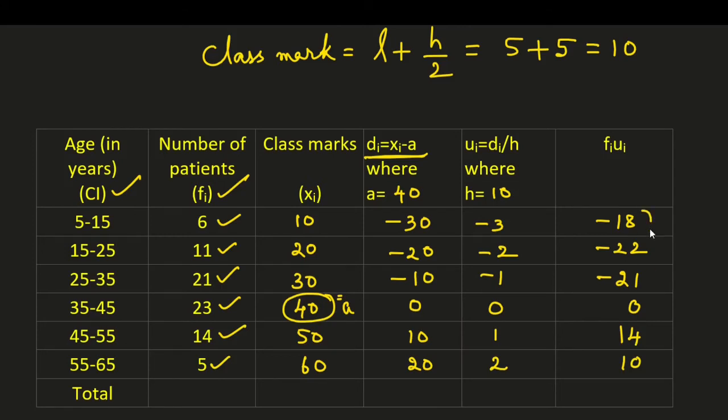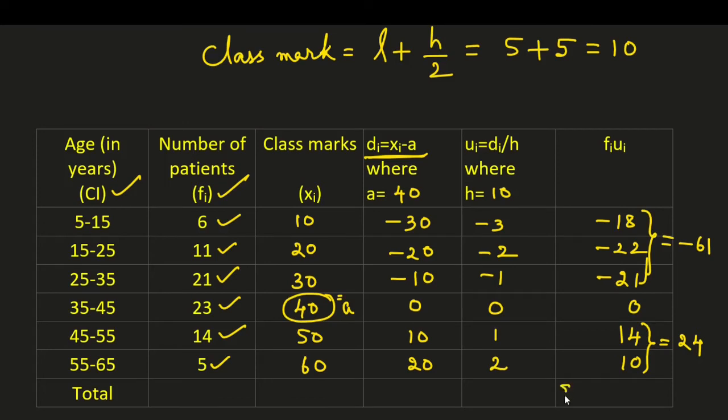Sum of the negative values: 18 plus 22 is 40, so it is minus 61. Sum of the positive values is 24.